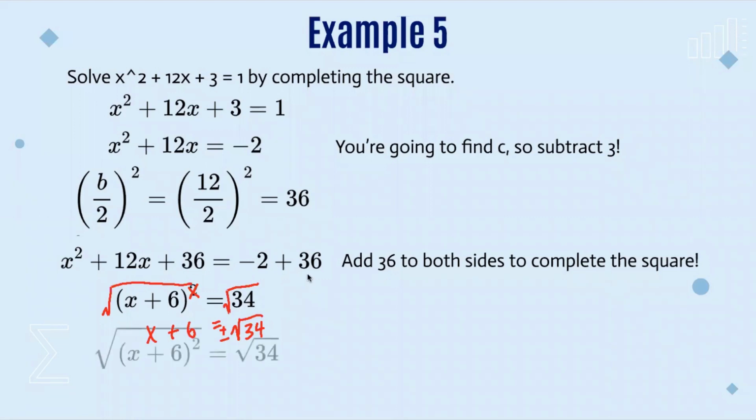And to finally isolate x, I would just subtract 6 from both sides, and your final answer would be x equals negative 6 plus or minus square root 34. And since you can't simplify square root 34 any further, it's fine to leave your answer like this.